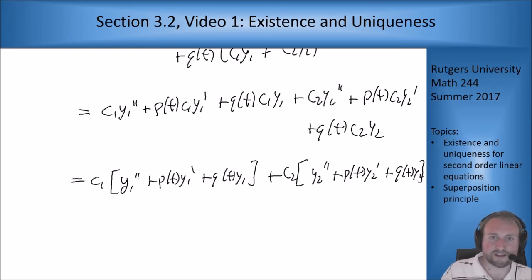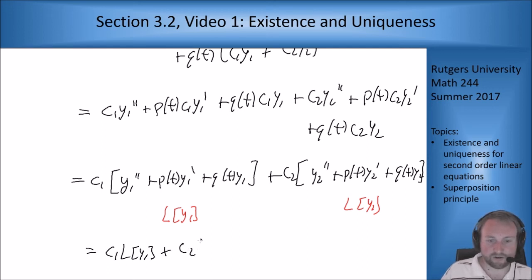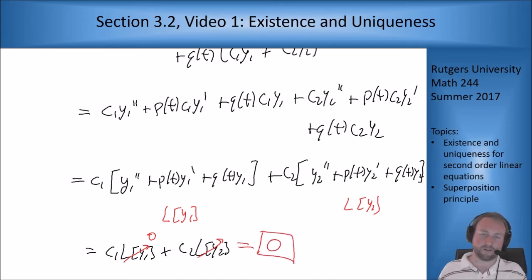But now what is this? This is just L applied to y1, and this is just L applied to y2. So I get C1 L of y1 plus C2 L of y2, but we assumed this was 0 and this was 0, so the whole thing is going to be 0.